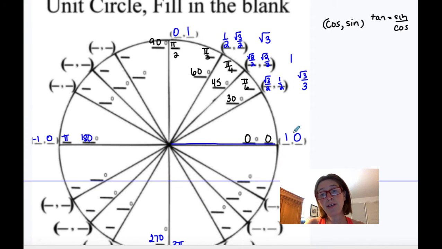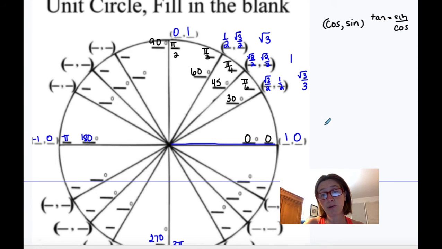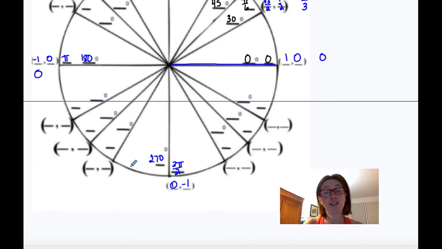Okay, so let's do the tangents at those points. The tangent would be sine over cosine, so 0 over 1, which would mean the tangent is 0 at 0 degrees or 0 radians. The tangent at pi over 2 would be 1 over 0, so tangent would be undefined. At pi it would be 0, and then at 3 pi over 2 would be negative 1 over 0, which is undefined.